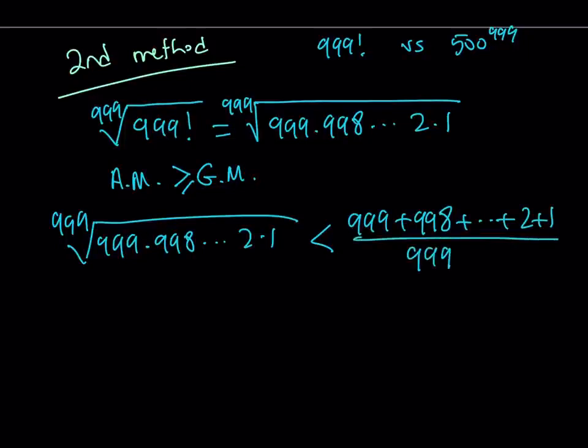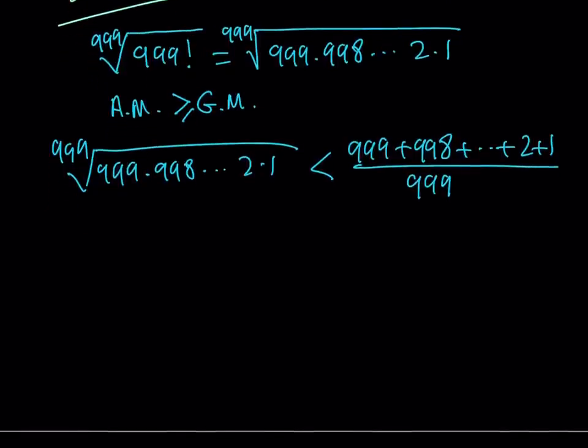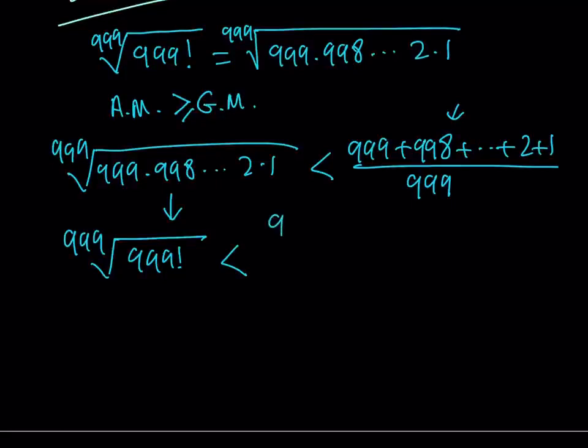Great. Now, the right-hand side on the top, I can basically evaluate it, right? So let me go ahead and turn this into the 999th root of 999 factorial, because that's what I'd like to have at the end, is less than. Now, if you look at the top, it is actually n times n plus 1 divided by 2. So that sum can be expressed as 999 times 1,000 divided by 2, and that 2 can be easily multiplied by that.